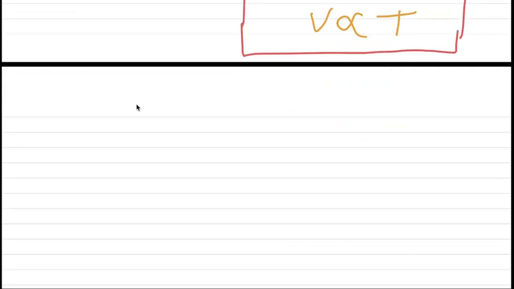Now we will draw the graph for absolute temperature. Obviously this is the y-axis, and this is the x-axis.